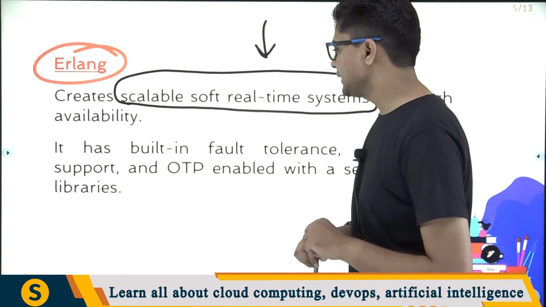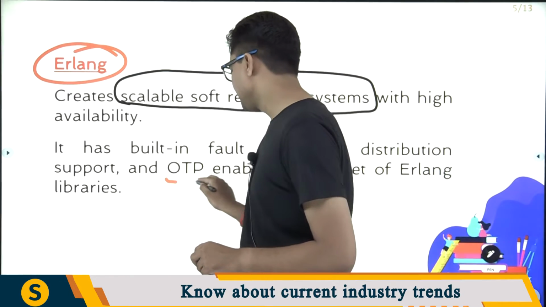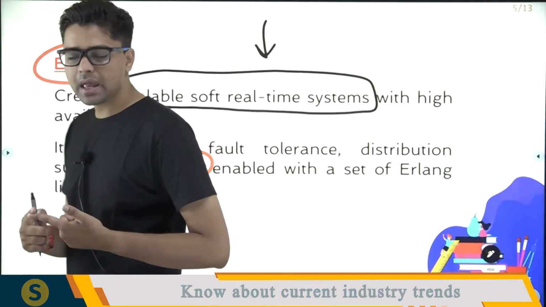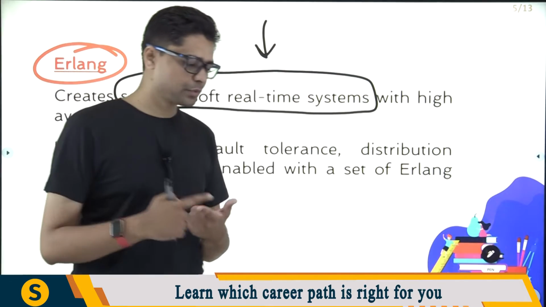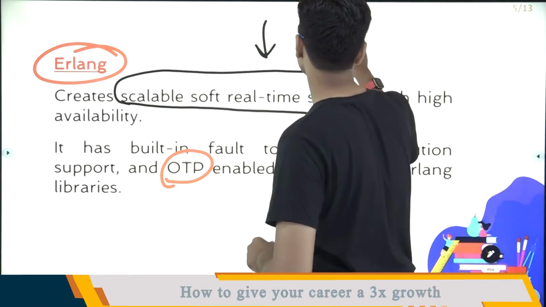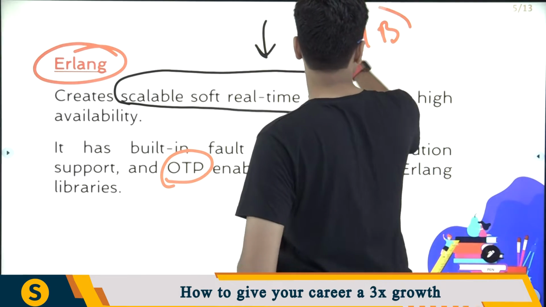What they are using it for is the OTP authentication which happens at the Facebook level. We have WhatsApp, we have Instagram, we have Facebook as the application. So you can imagine you're serving around 2.1 billion users.